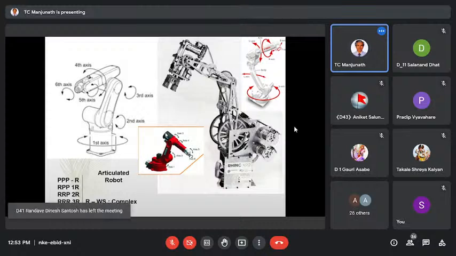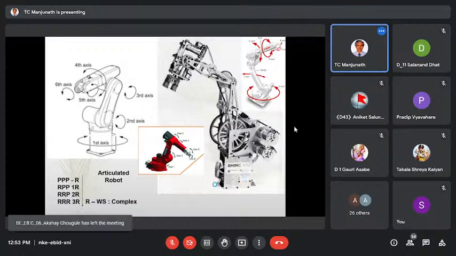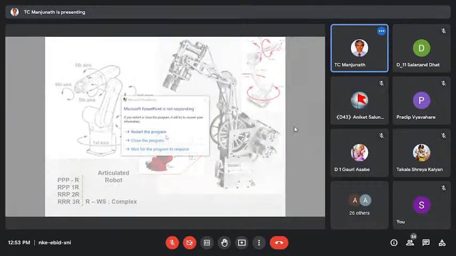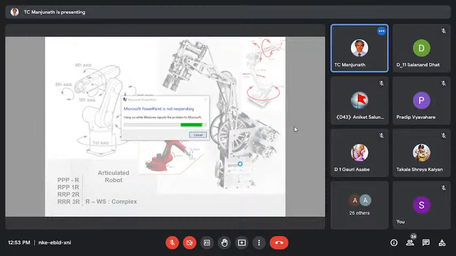One second. I'll just connect back because the PowerPoint is not responding.